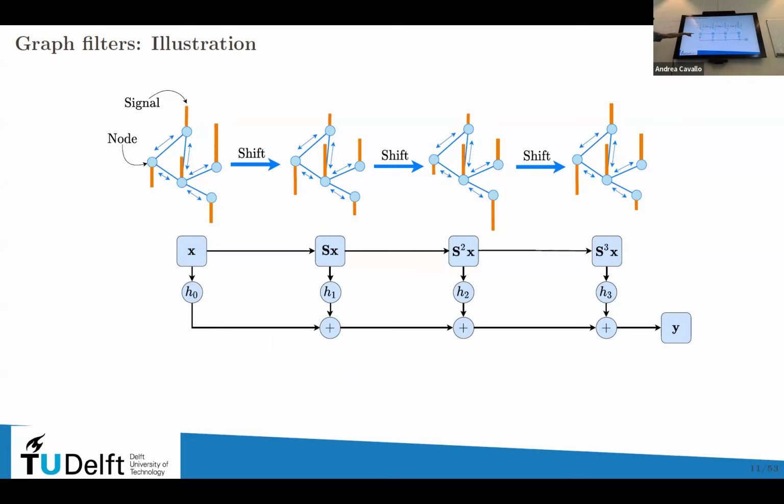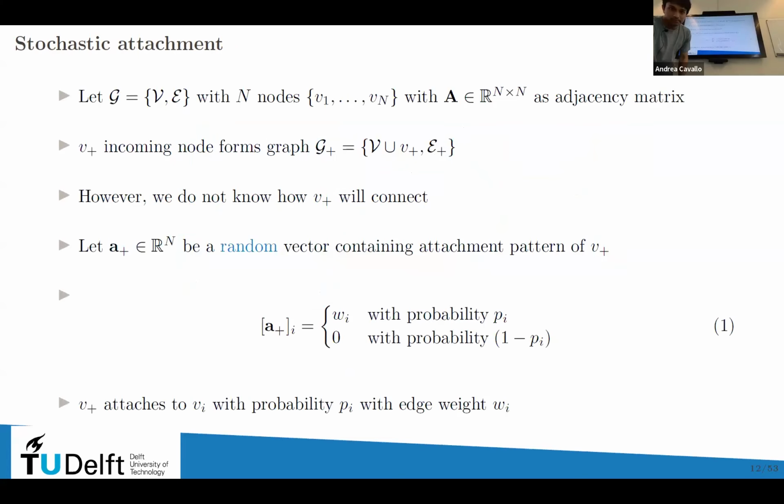You start off with your input X, and then you shift and combine, shift and combine, shift and combine, and then you add them. This is similar to how you do it with time, with linear time-invariant systems. There you also shift and combine, like this convolution. That's why these things are also called graph convolutional filters, right? Now we are going to deal with how to handle the unknown connectivity, right?